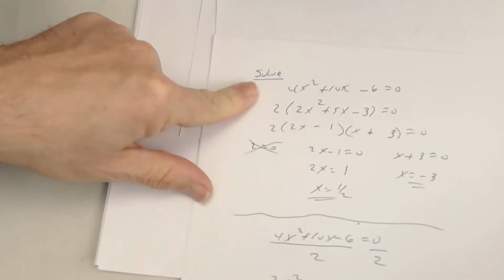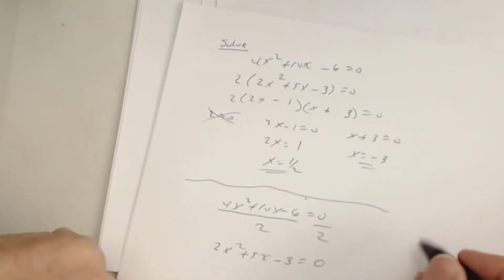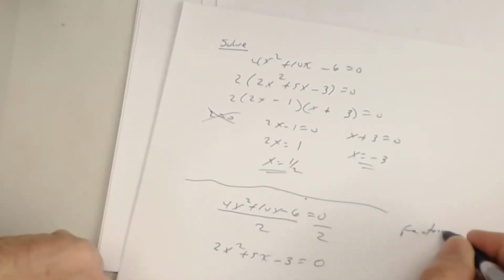And you might say, well, when we did factoring, you said to take out the 2. Yeah, but there's a difference between factoring and solving an equation. So you've got to be a little bit careful when you look at factoring versus solving.